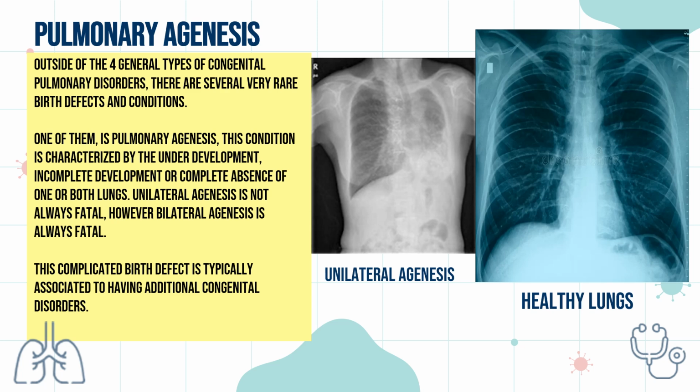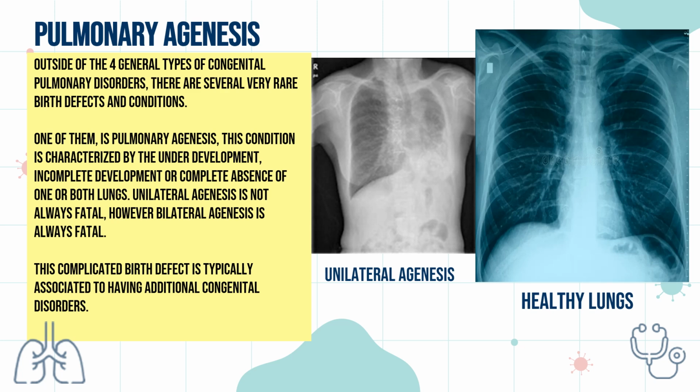Now we just spoke about the four most common types of congenital pulmonary disorders found. Let's talk about one that is extraordinarily rare. Pulmonary agenesis.